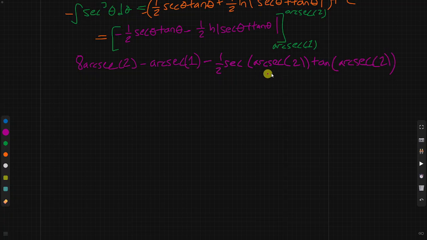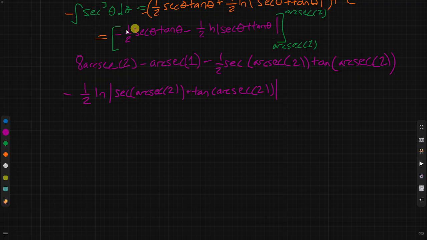By the way, I know I can cancel this out, but I'm not going to because I'm going to write this in my final answer. So we have that minus 1/2 natural log of the absolute value of secant of arcsecant of 2 plus tangent of arcsecant of 2, right? Now we have to evaluate this at arcsecant of 1. We have to subtract it.